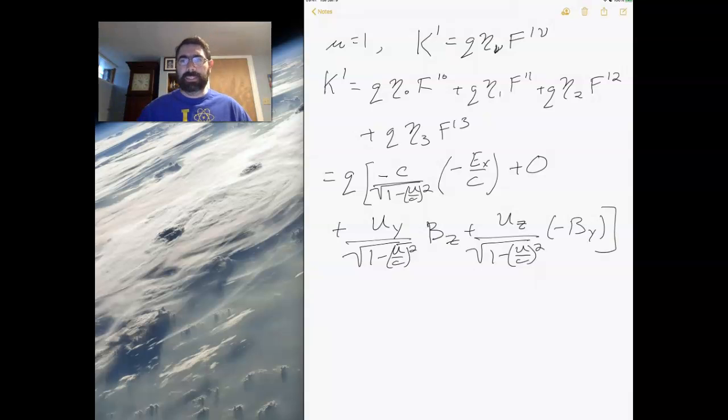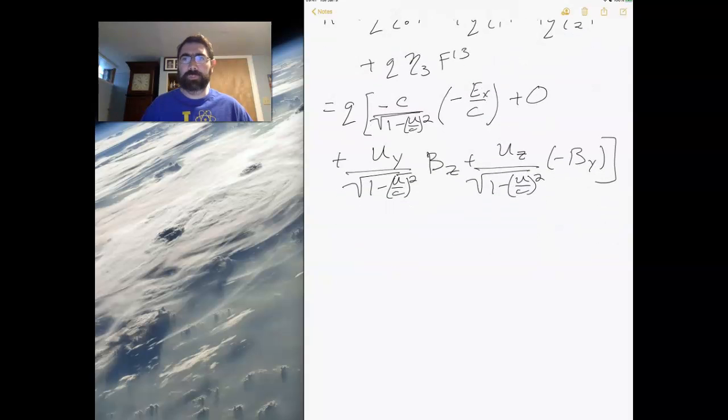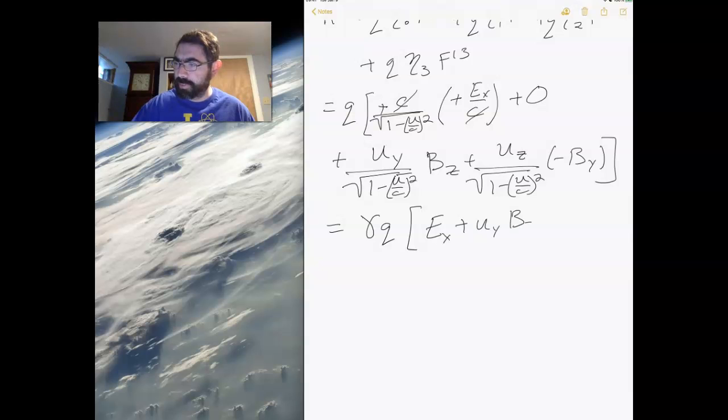Then we can cancel one of the c's, we can cancel the minus sign, and we can factor out the 1 over the square root. So that's just gamma, so I'll call that gamma Q, and we're left with E_x plus u_y B_z minus u_z B_y.